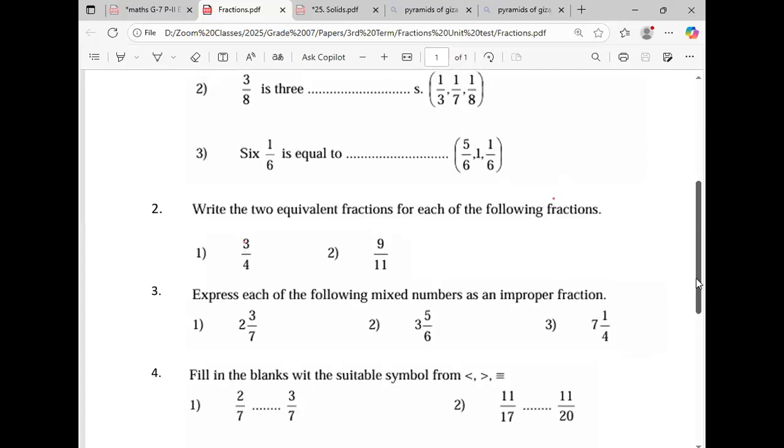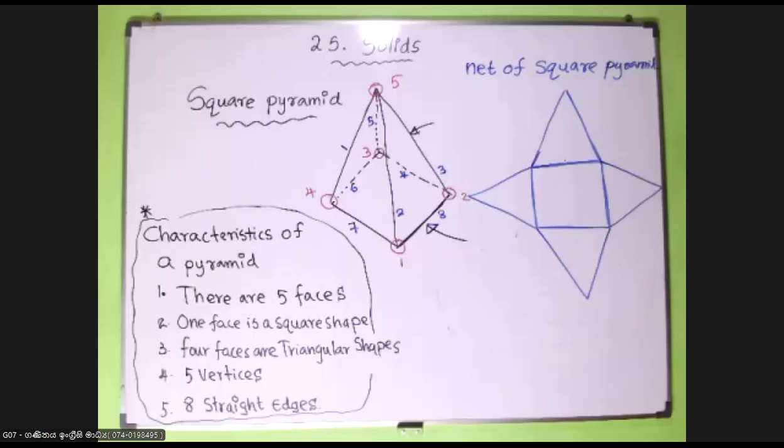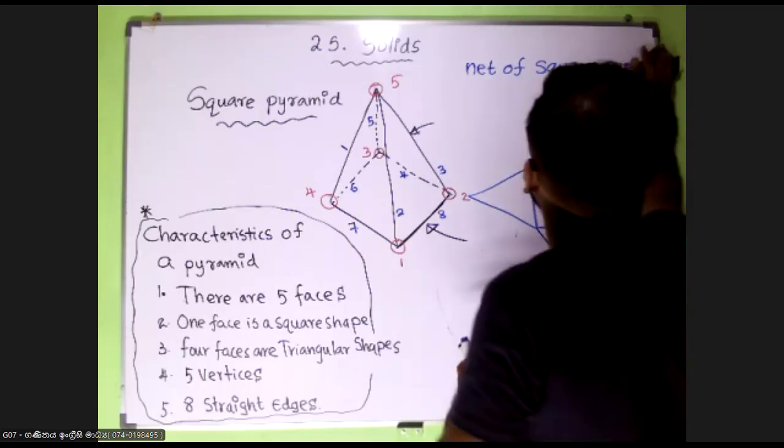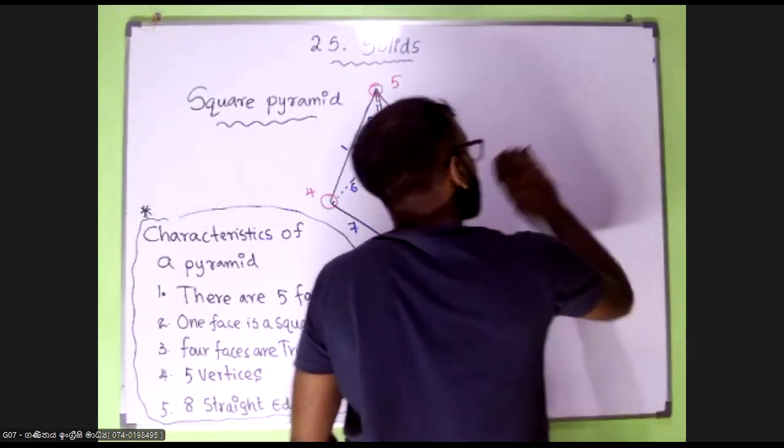With somewhat more speed, I will write two equivalent fractions for each of the following fractions. I am going to do it on the board. My fractions are 3 upon 4 and 9 upon 11. There are two ways to obtain an equivalent fraction.